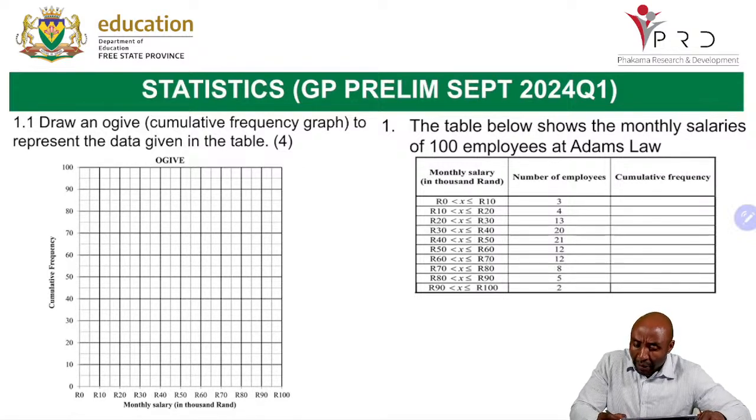Now, for us to complete the column for cumulative frequency, we always say we write the first frequency, it will be 3.